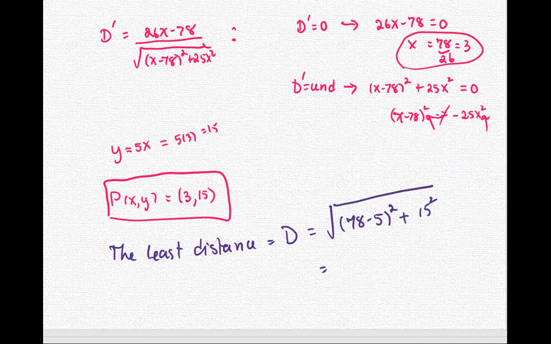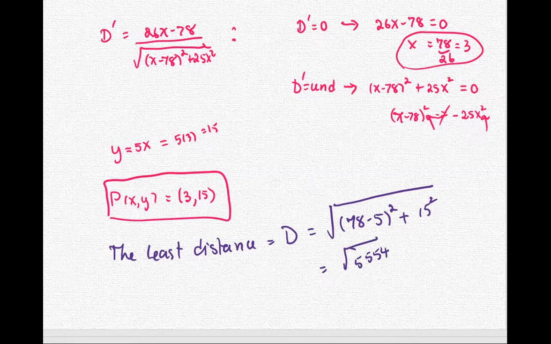And then put in the calculator. Let me check the number real quick. It's 73 squared plus 15 squared, which gives us the square root of 5554, and gives us about 74.5 as the distance between those 2 points.